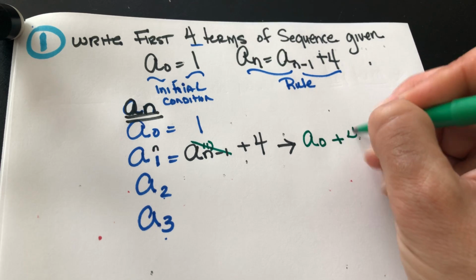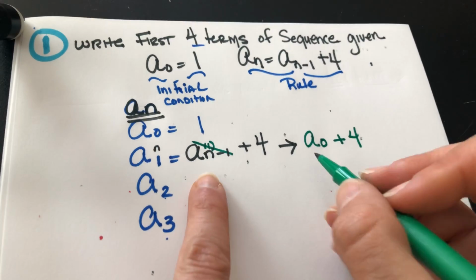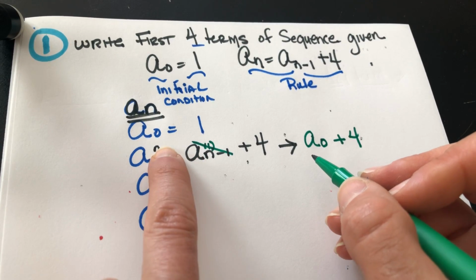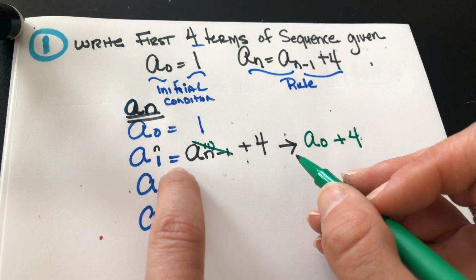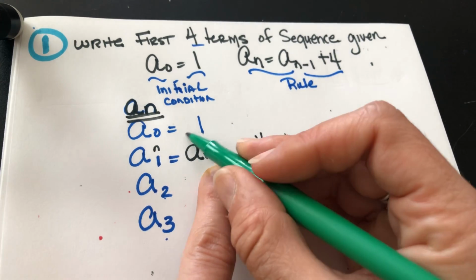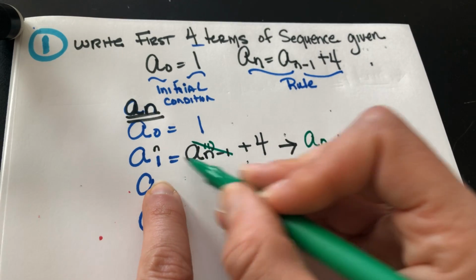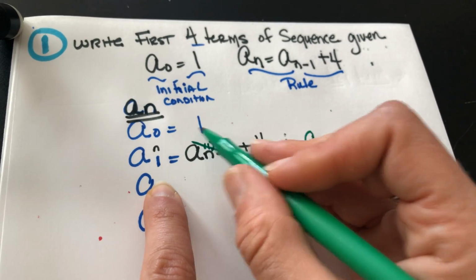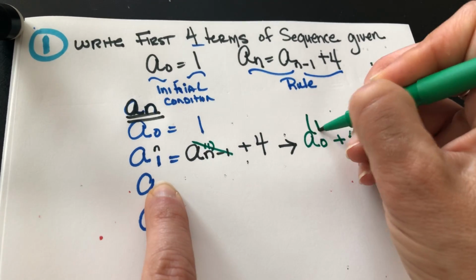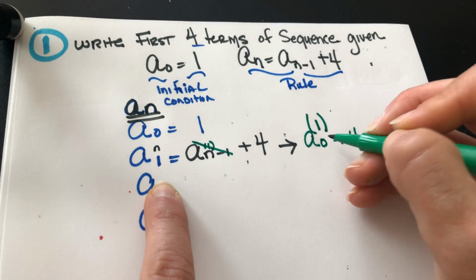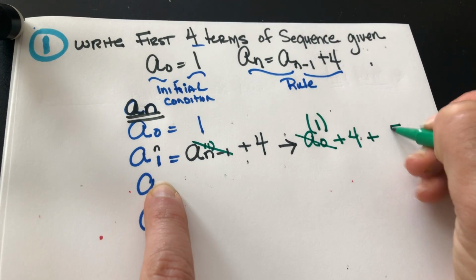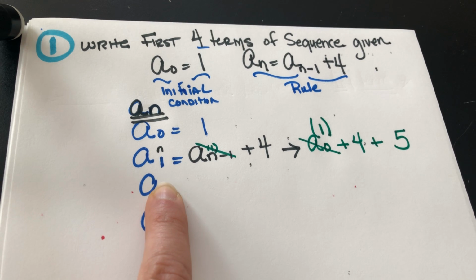And then I want you to add 4. Well, we know a of 0, which is the term right before a of 1, since I said minus 1, is 1. So you replace this with 1. 1 plus 4 is 5, and that's the answer.